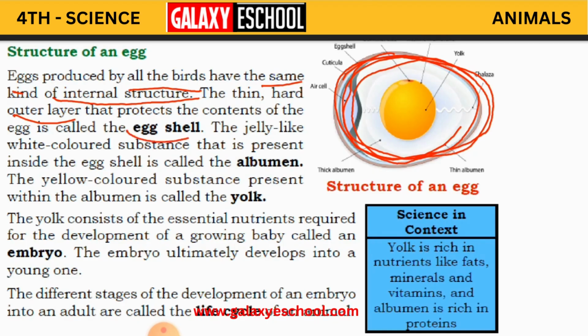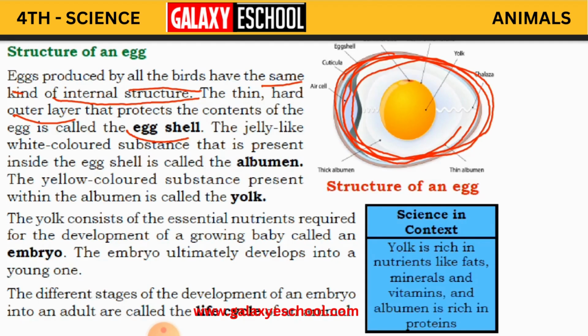Okay, the jelly-like white colored substance that is present inside the eggshell is called albumen. See here, children, the jelly-like white colored substance, are you able to see the white colored substance here inside? Which is called the albumen, and in that also you have two different kinds, children.